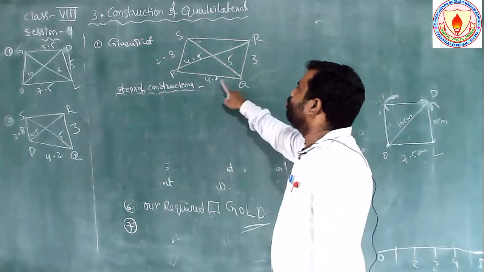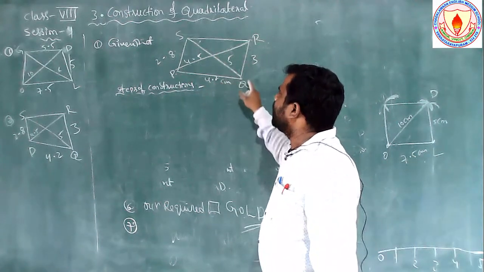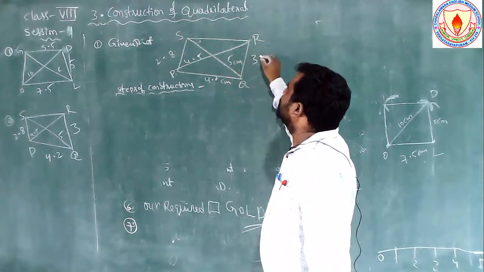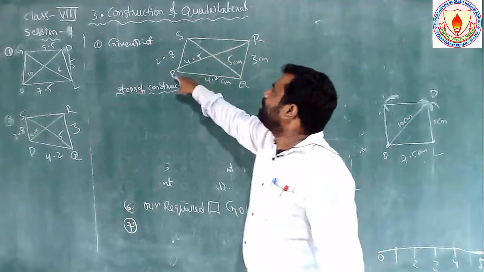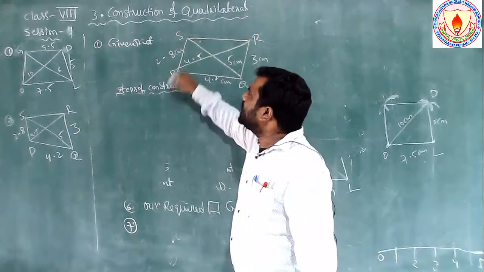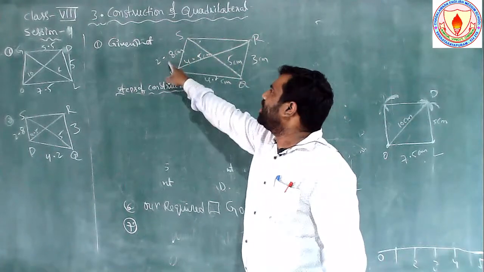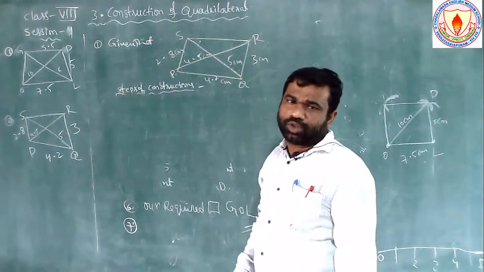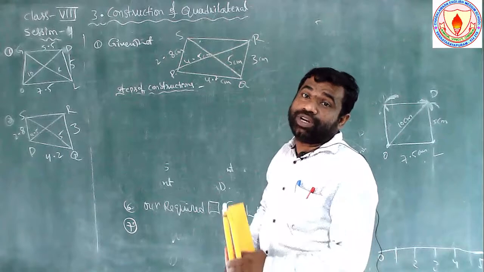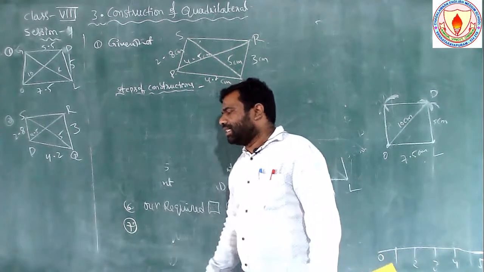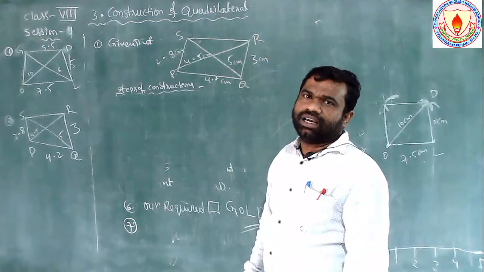So PQ is 4.2 centimeters, QS 5 centimeters, QR 3 centimeters, PS 2.8 centimeters and PR 4.5 centimeters. So 2 diagonals and 3 other measurements are given, total 5 measurements. By using that, we have to construct the quadrilateral.